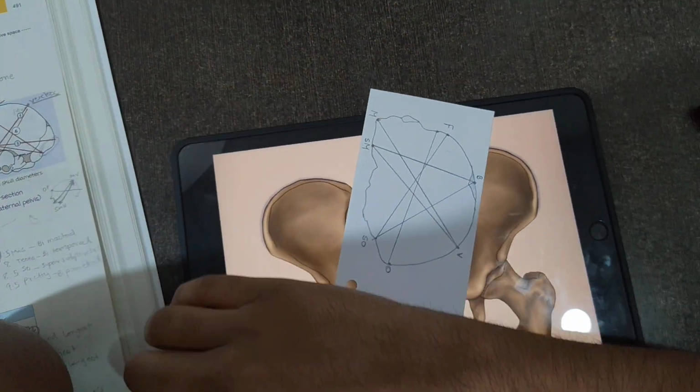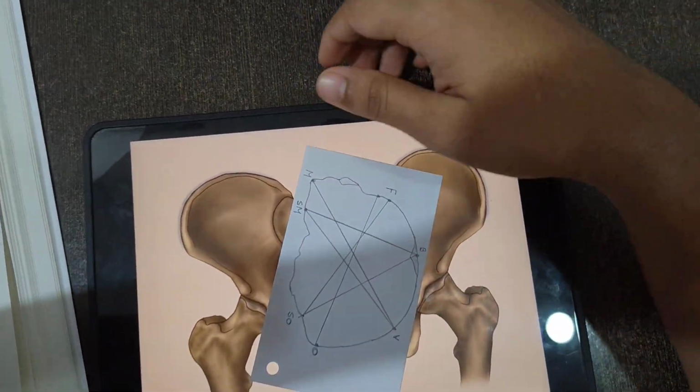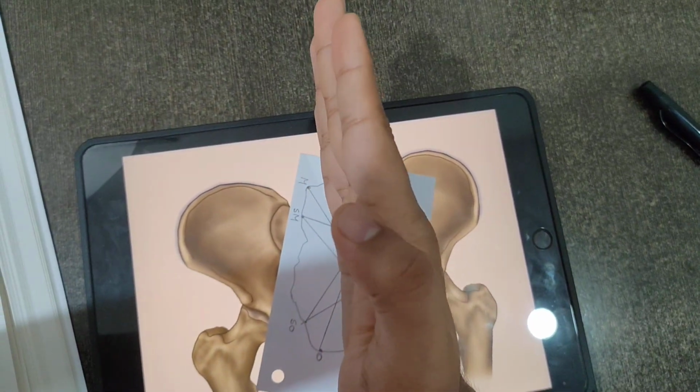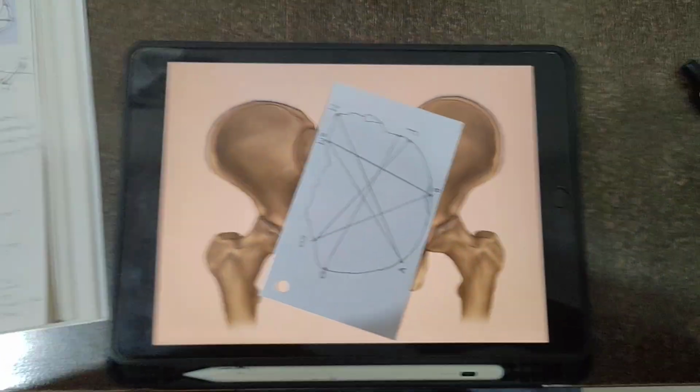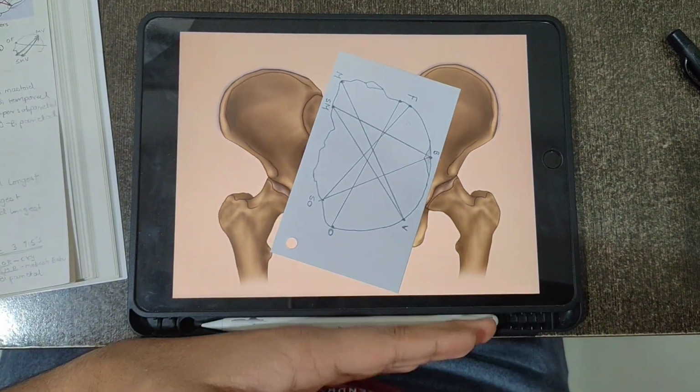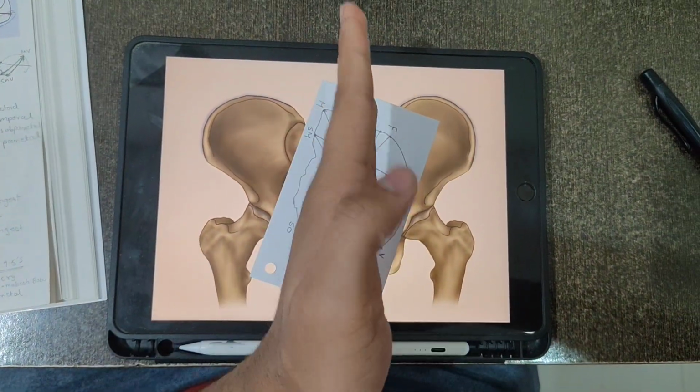Now how I want you to think about this is, assume the neck of the fetus is perpendicular to the edge of my desk and the pelvis.